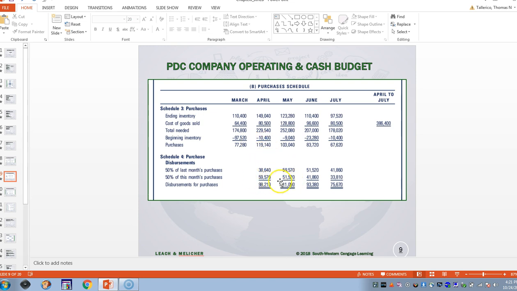We do the same thing for each month, 50%, 50%. So this pulls over to here, and then this pulls down, and then this pulls over to here, and then this pulls down. So last month goes over. And here's our total disbursements of purchases. We just add up these two numbers and we get this sum. So for each month we add. This is basically our purchasing schedule right here.